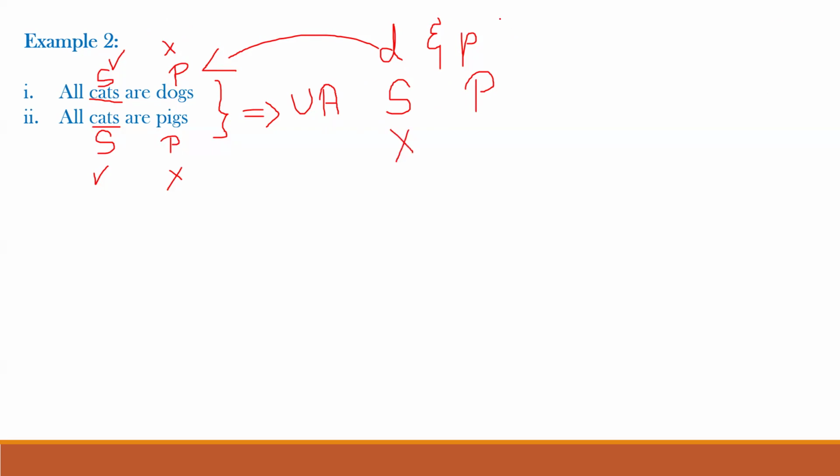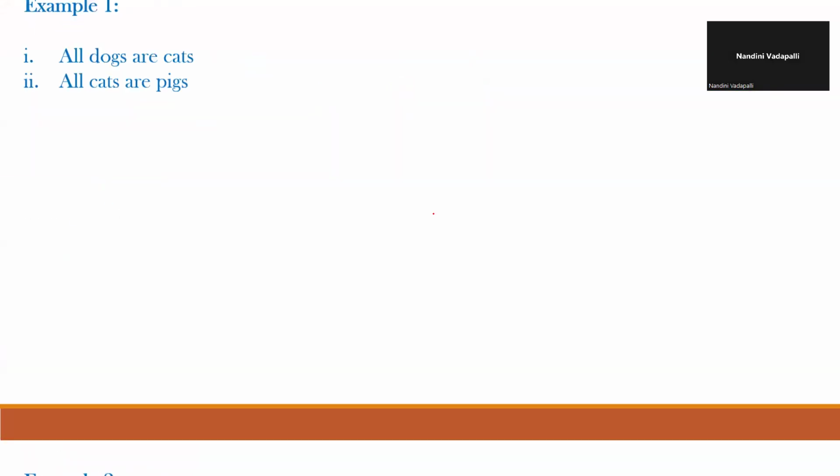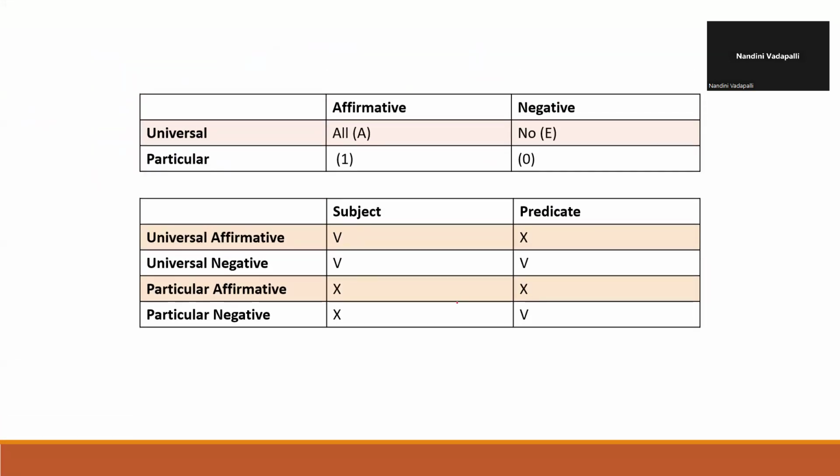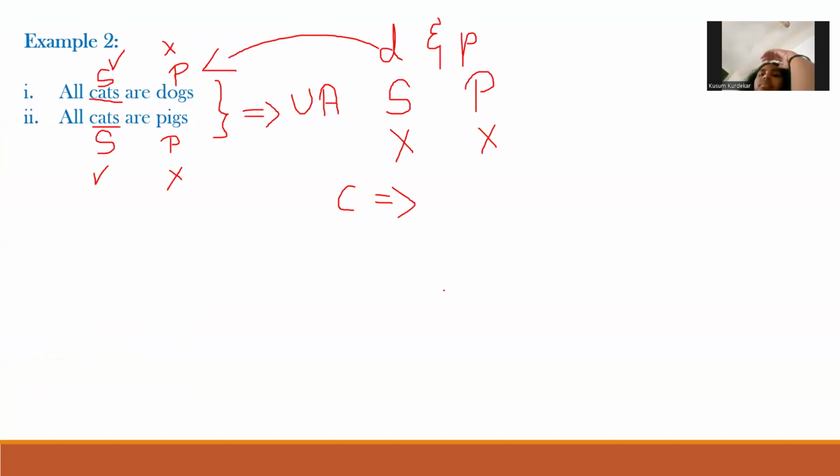Good. And what about our predicate pigs? Is it distributed or not? Not distributed. Right. So if subject and predicate both are not distributed, your conclusion is which type of statement? Particular affirmative. Clear, it is particular affirmative. Yes, ma'am. So it is particular affirmative.